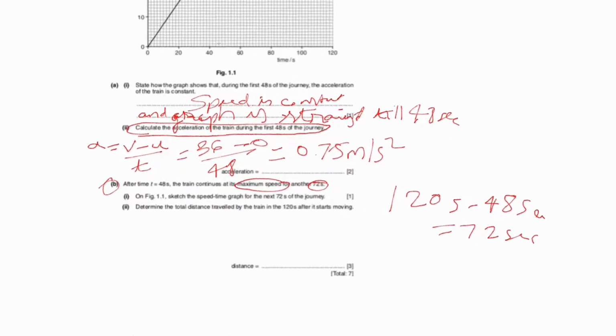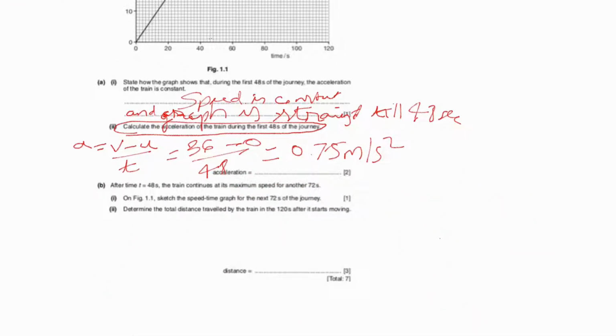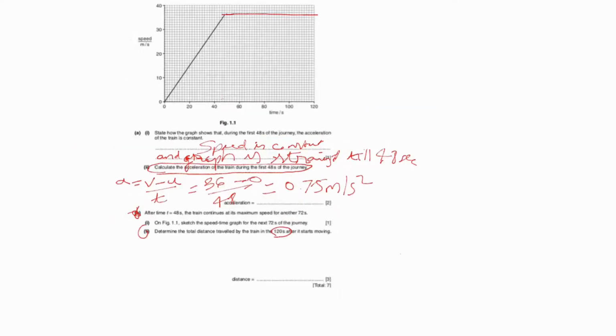Now the next part we will do. So B2 we will do. Determine the total distance traveled by the train in 120 seconds after it starts moving. So as you know, the total distance traveled by the train is the area under the graph. So we have to find this whole area under the graph. Here you can see two geometrical figures are formed.